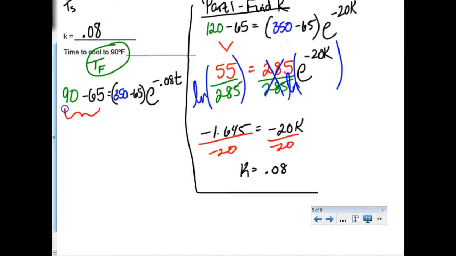Little calculation here, that's a 25. And we said that was a 285 last time, times e to the negative 0.08t power.